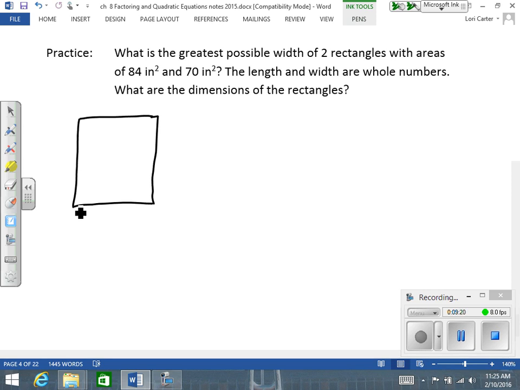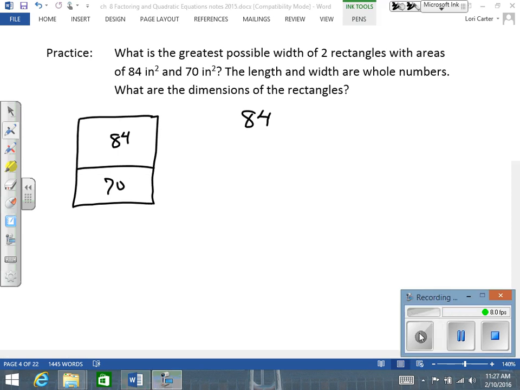I know that one of them has a larger area than the other, but I know that these are the same width. I want to know what that width is. Then I want to know what the length is. What's the area of this one? 84 inches squared. And what's the area of this one? 70. All right. Tell me what I need to know.